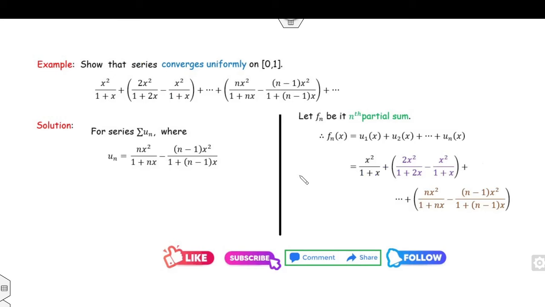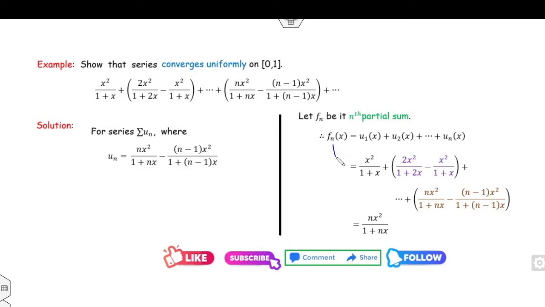Now you can see this value will be cancelled out, the second value will be cancelled out, and this value will be cancelled with the previous term. The only remaining expression is nx squared over 1 plus nx.